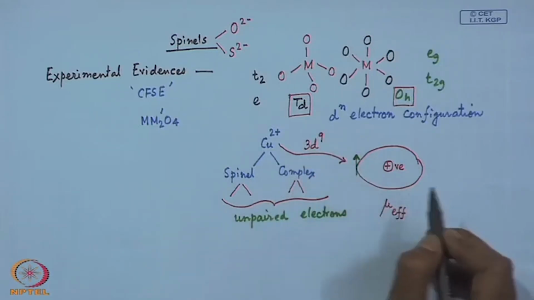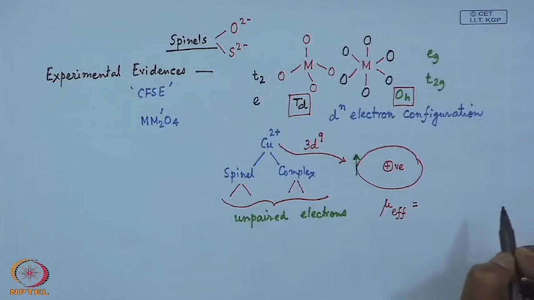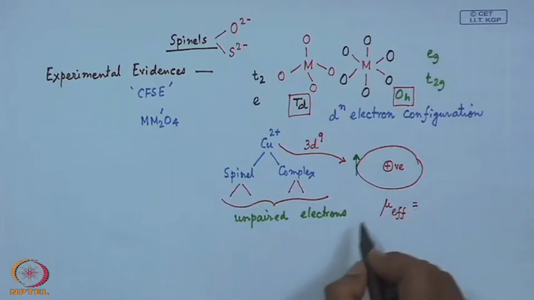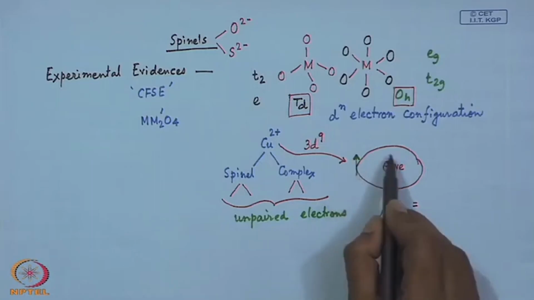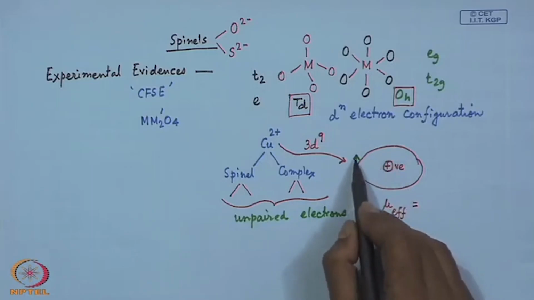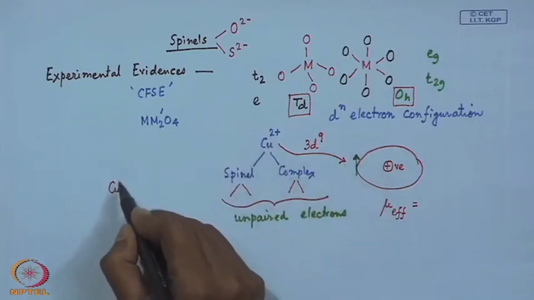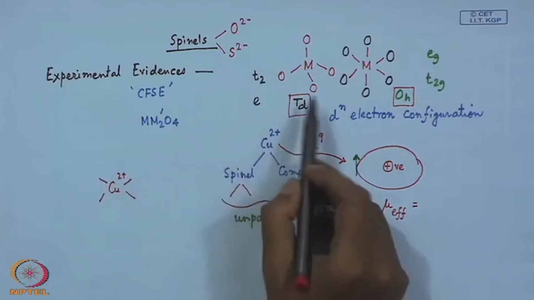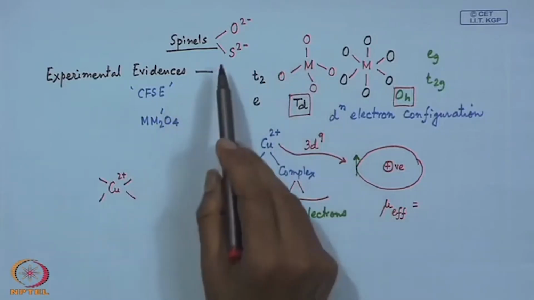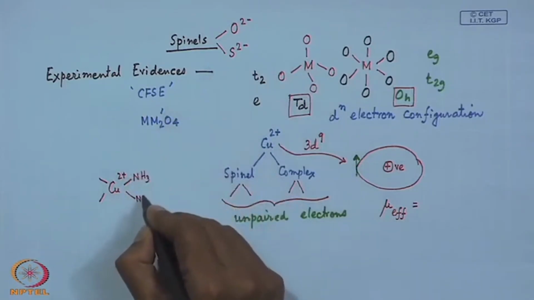So we have one unpaired electron, and that unpaired electron is responsible for giving rise to the corresponding mu effective value. So in a magnetically dilute system where this unpaired electron is getting shielded, because this unpaired electron belongs to one particular metal center, and if the copper 2 plus center is there, we can have either the different oxide ions, sulfide ions, or the simple ligands like ammonia.